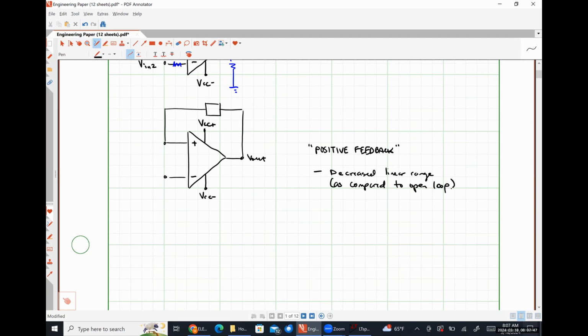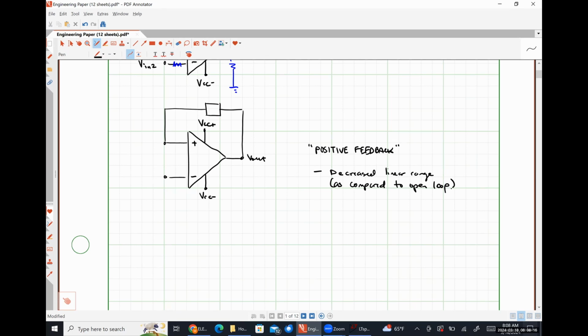And one of the things that we learned in last Friday's lecture, when we were looking at an op-amp circuit, which happened to be an open loop circuit, was that it had an incredibly small linear range to start with. For that MUA 741 op-amp that we were looking at, its linear range was from negative 50 microvolts to positive 50 microvolts in an open loop configuration. This linear range is even smaller.